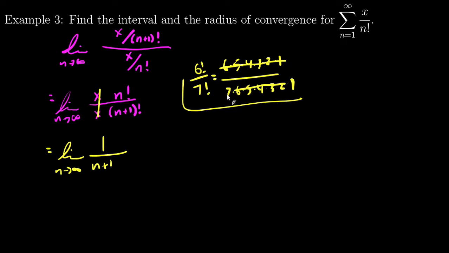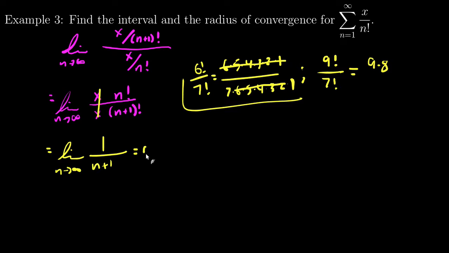I'm left with the 1 extra term. If I had something like 9 factorial over 7 factorial, this will have 2 more terms than that. So I'll have a 9 and an 8, and the 7, 6, 5, 4, 3, 2, 1 will cancel. This has 1 extra term, the n plus 1, and the n down to 1 will cancel.